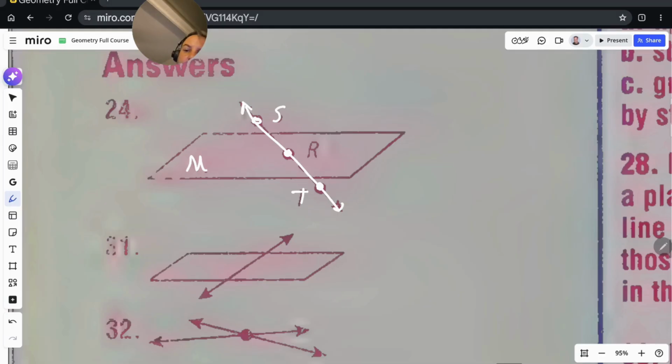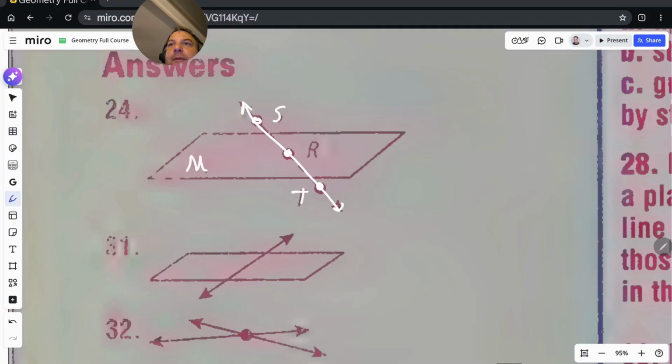Put our points in there. All right, so again, we have a parallelogram here. The plane, labeled here plane M, and we're drawing that slanted line that pierces the plane through one point.